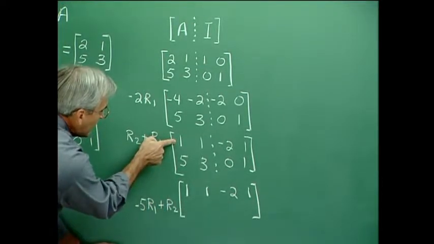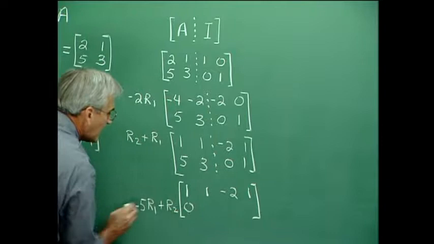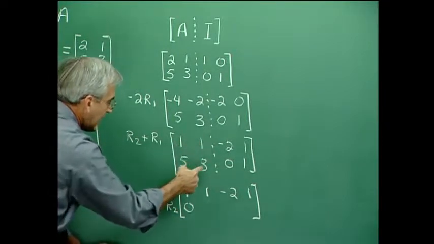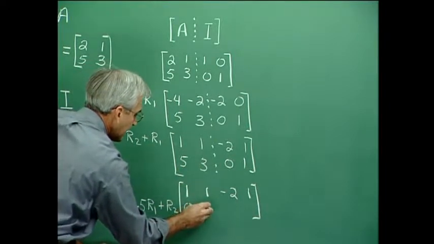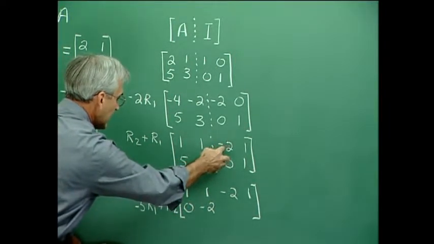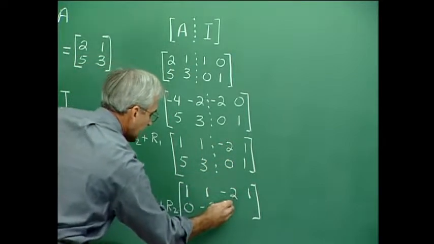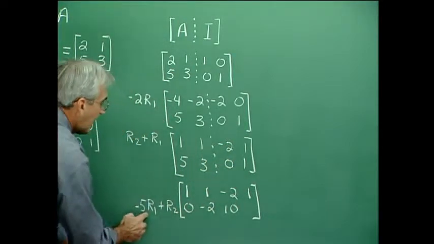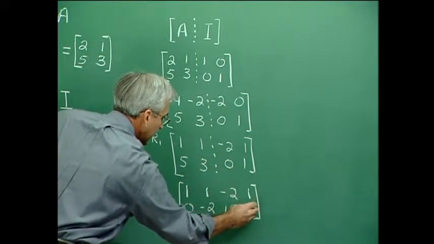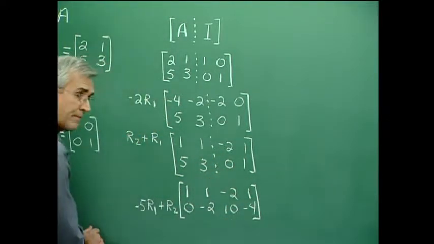So -5 times 1 plus 5 is 0 as expected. -5 times 1 is -5 plus 3 is -2. Then -5 times -2 is 10 with 0 is 10. -5 times 1 is -5 plus 1 is -4. Okay, so I have this.